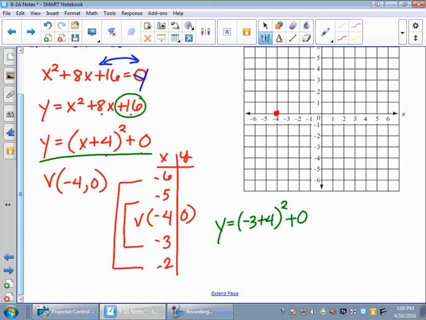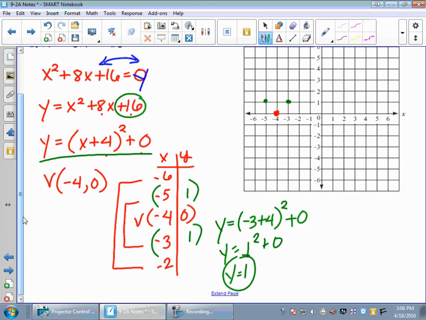So I decided to use the vertex form. -3 plus 4 is 1. 1 squared is 1, plus 0 is 1. So y equals 1 here and here. So I have these two ordered pairs: -5, 1, and -3, 1.